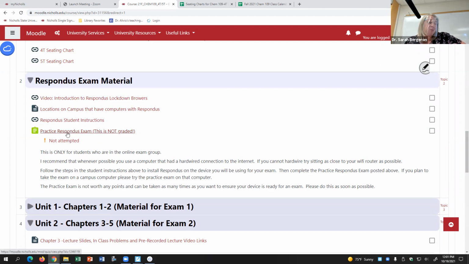This is a practice exam, not really an exam, like what's 2 + 2, just so that you can practice using the system if you are online. These are the instructions. You have to download some things in order to be ready to go. So this is just for someone who is completely online. Any questions?